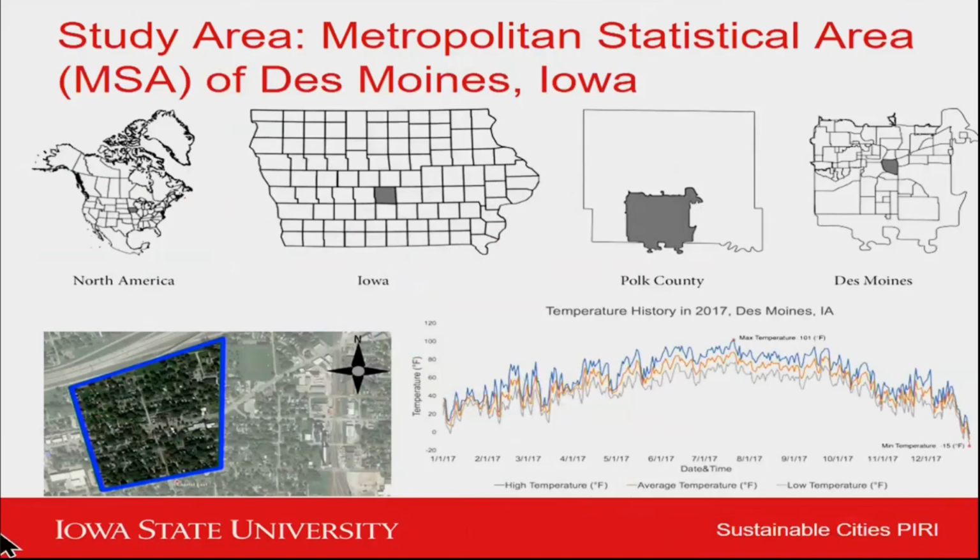We have temperatures with a maximum in the summer of 101 Fahrenheit, which is pretty much body temperature, 38, 39 degrees Celsius, and it goes down all the way to minus 15, which is pretty similar to minus 15 or even lower Celsius. So that's an extreme range.